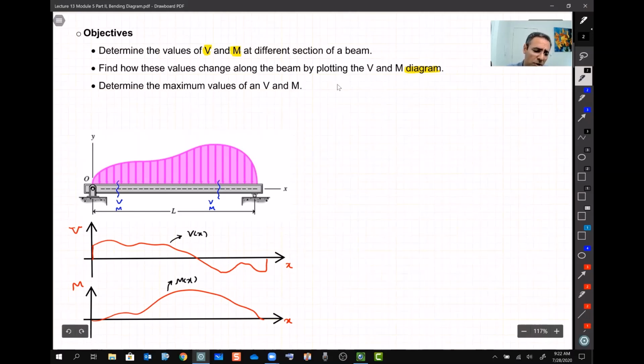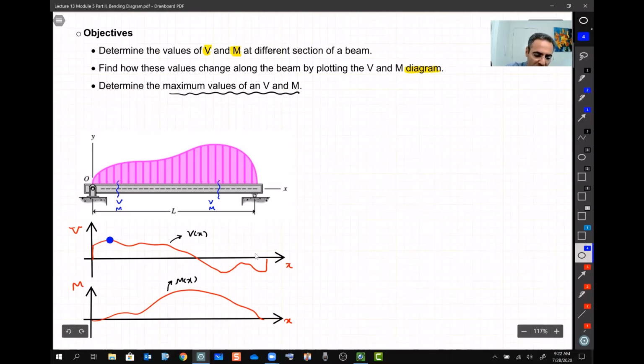Why do we need to draw them? Because we are interested in finding the maximum values of V and M, our third objective here. After looking at this graph, we may realize that maybe the maximum shearing is, let's say, happening over here.